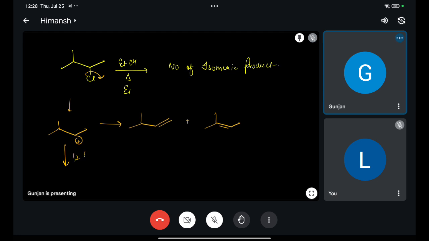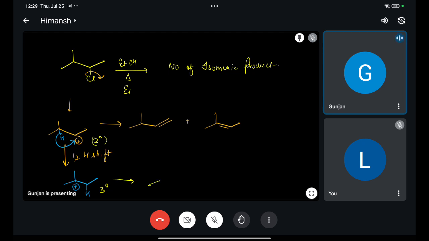A 1,2 hydride shift can happen over here. So it seems like the carbocation is over here, hydrogen over here, right? Now this carbocation is 3 degree, which is more stable as compared to the prior, which is 2 degree.